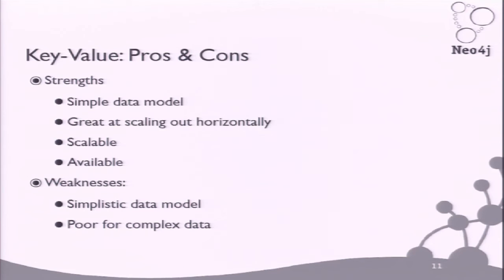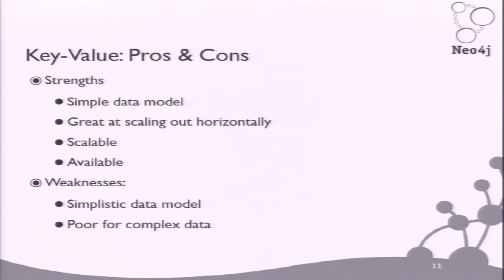But on the other hand, what you can do is say, hey, this key value pair should reside on this server over here, and this key value pair on this server over here. And it's very simple as an infrastructure provider, as a vendor of a key value store, to build a horizontally scalable solution. The drawback, however, is what I just mentioned. The model is incredibly simple.